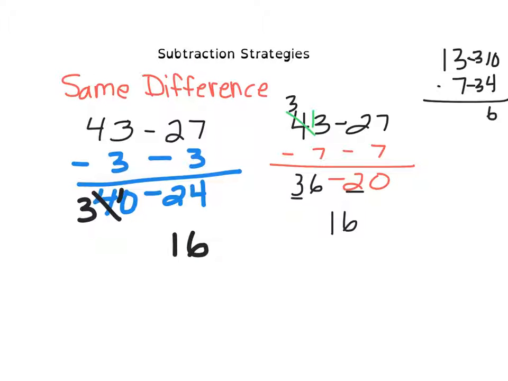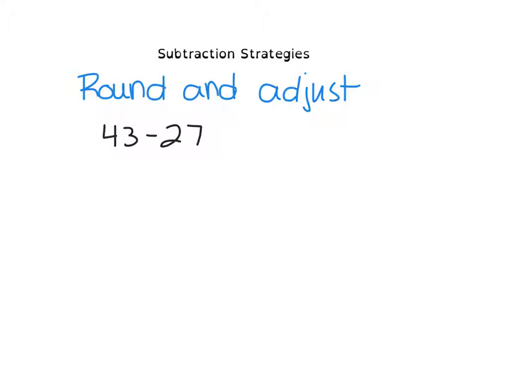Another strategy you can try is round and adjust. With round and adjust, you're going to use numbers that are close, and then you're going to adjust back. This one is best shown on a number line. So if we pop a number line on, remember a number line always goes from smallest to largest.